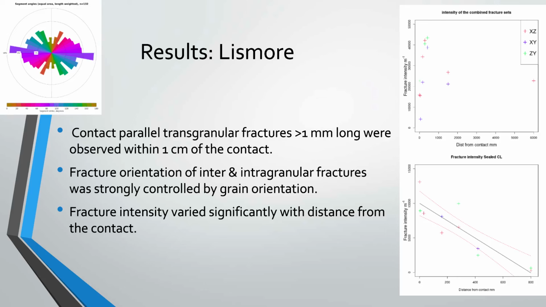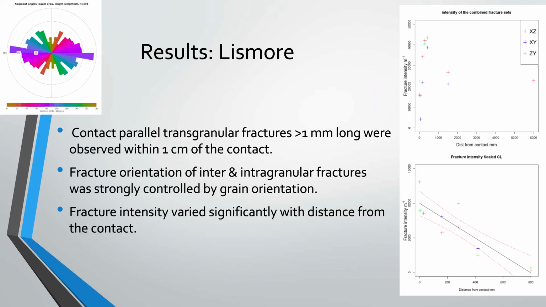The orientation of the inter- and intragranular fractures, however, was strongly controlled by the crystal orientation. The intensity of the fully mineralized fractures decreased in a linear manner away from the contact, with the last observed occurrence at 80 centimetres from the contact. There was a significant trend in the intensity of the combined open and partially open fractures with distance from the contact.